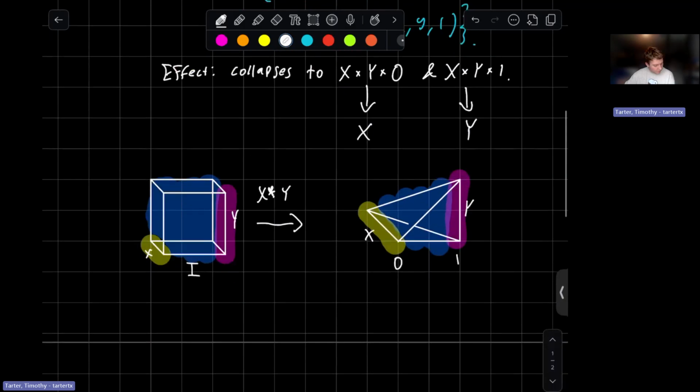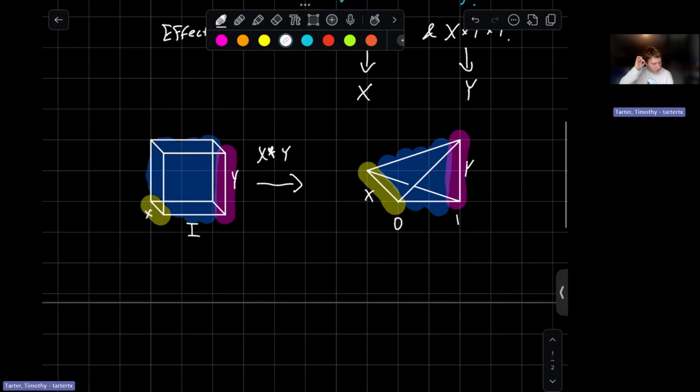A nice way of writing points of the join of two spaces is with linear combinations.